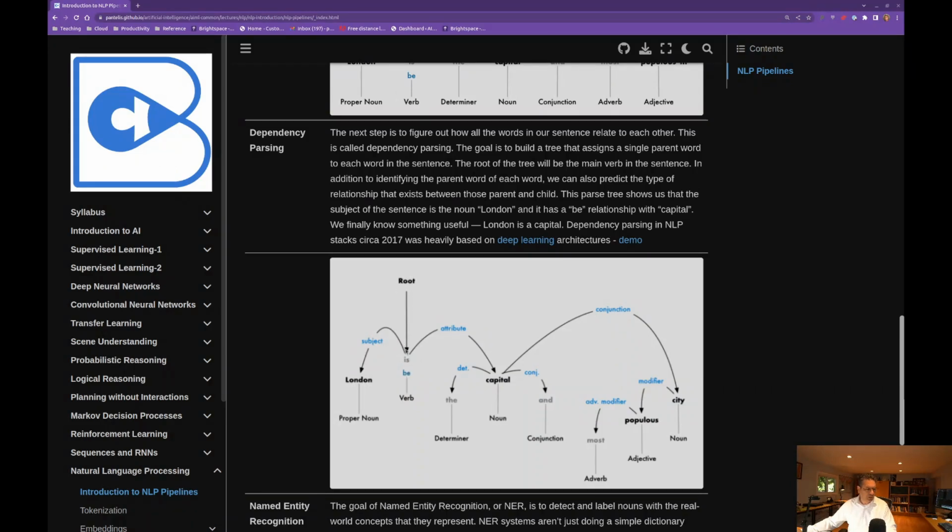And we are also predicting what type of relationship the other tokens have with respect to this root node. In this case, the relationship with London is subject, the relationship with capital is attribute, and so on and so on.